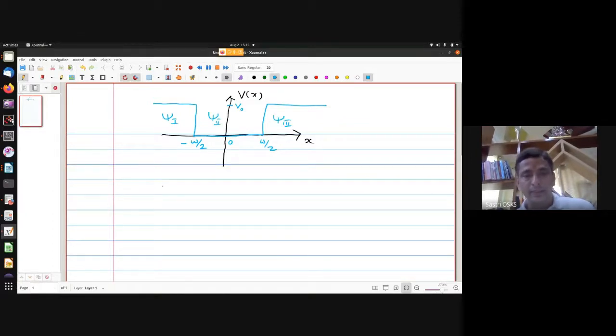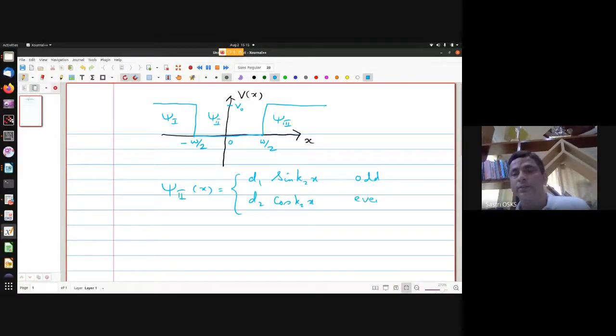What we did was, we said that psi2 cannot be a combination of both even and odd functions. So it should be either d1 times sine k2x or d2 times cos k2x, but it cannot be a linear combination of both. These are called the odd solutions and these are your even solutions. Psi1 of x was c1 times exponential k1x, and similarly psi3 of x was c2 exponential minus k1x.